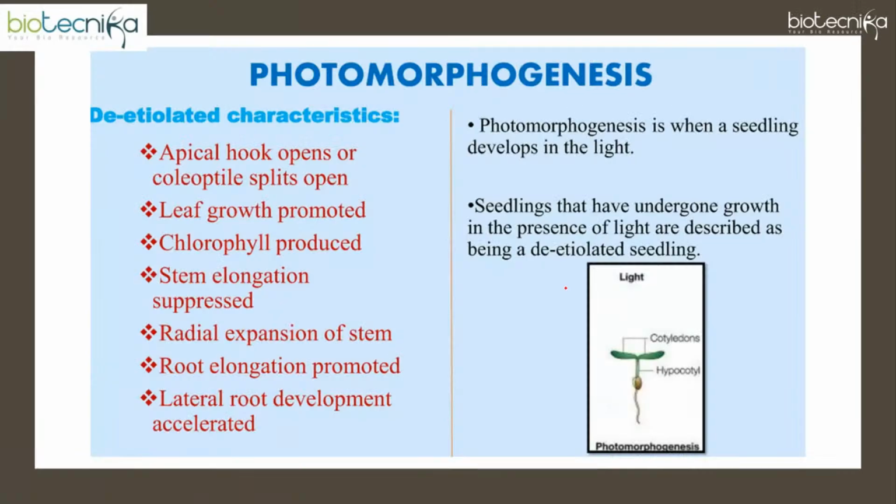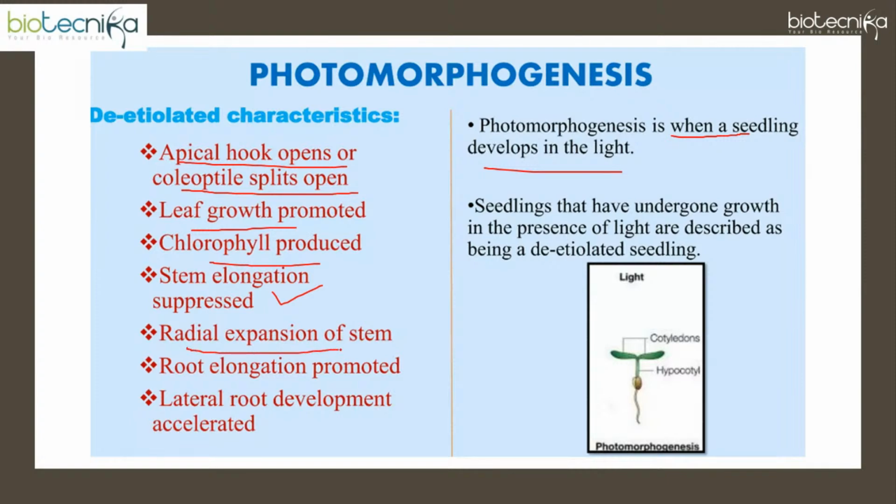So, remember, photomorphogenesis means when a seedling develops in the presence of light. So, the apical hook will open, or we can say the coleoptile splits open. In the light, obviously, leaf growth will be promoted, chlorophyll development takes place, and stem elongation, which takes place in the night, will be suppressed here.